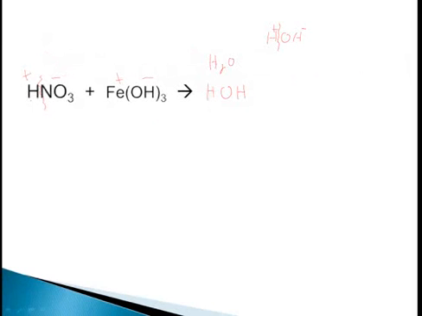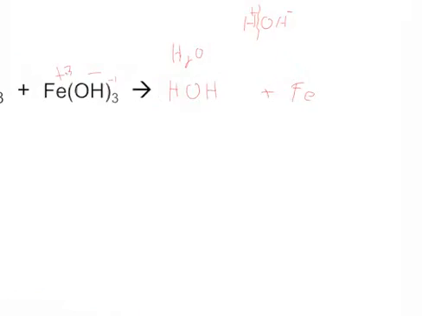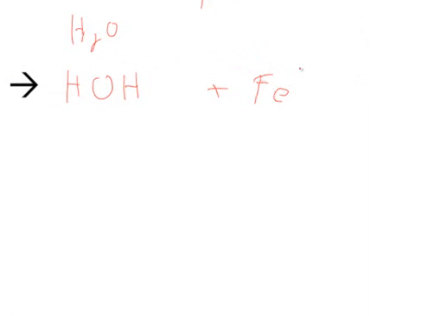This will be a plus ion, this will be a negative ion. So we're going to end up with water, plus the iron is going to end up with the nitrate. Because this is a plus 3 and this is a minus 1, I'm going to assume I have a plus 3 over here. So I'm going to have iron 3 nitrate.